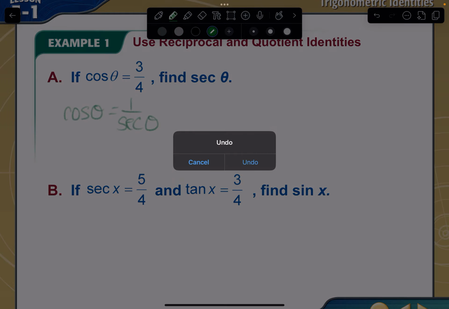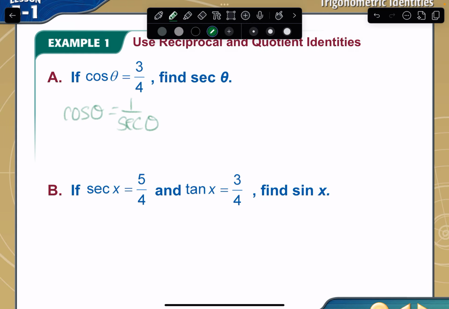So where this comes from, and to kind of explain, I know that cosine is 3/4. So for this question, secant is your reciprocal.